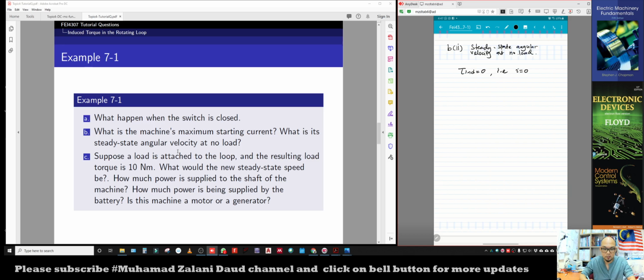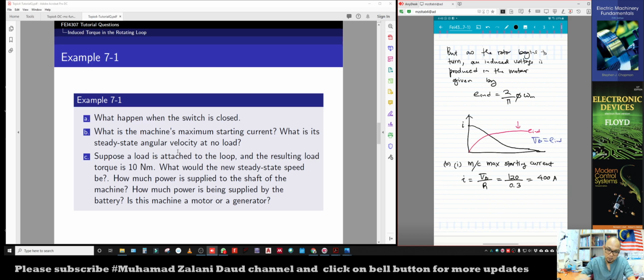That means current is also 0. When it achieves the steady state condition, as described here, the torque will be 0, and the current also will be 0 at that instant.